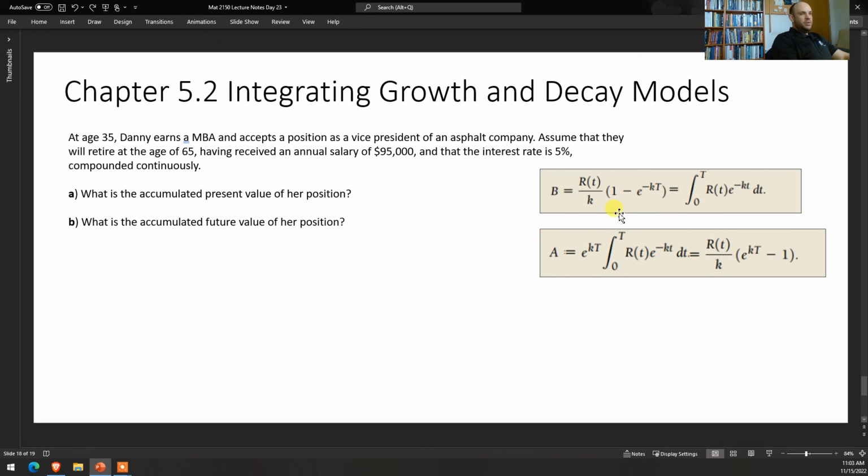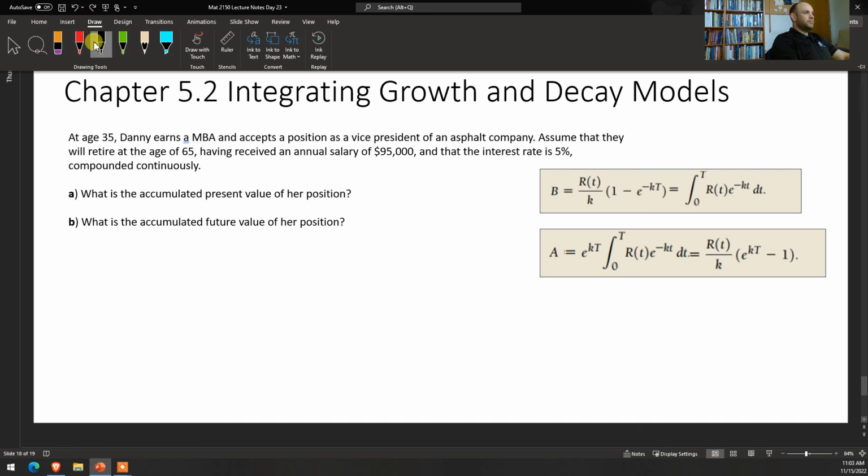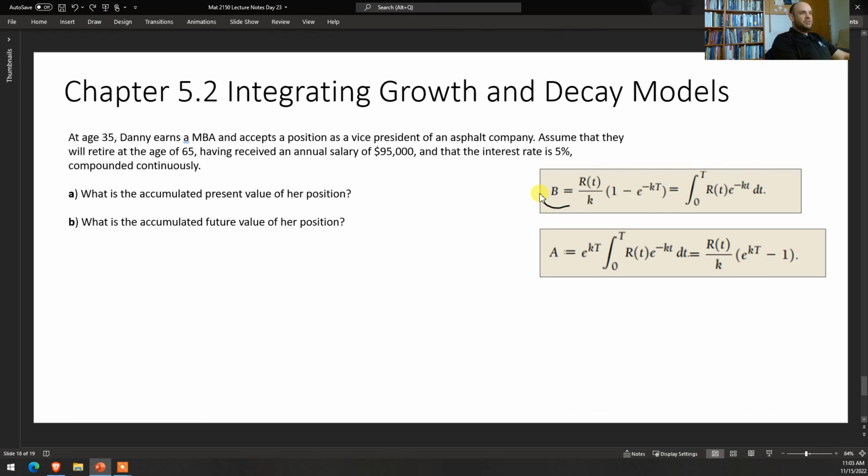Here we will have a constant income source of $95,000, which means that we can use the constant formula.